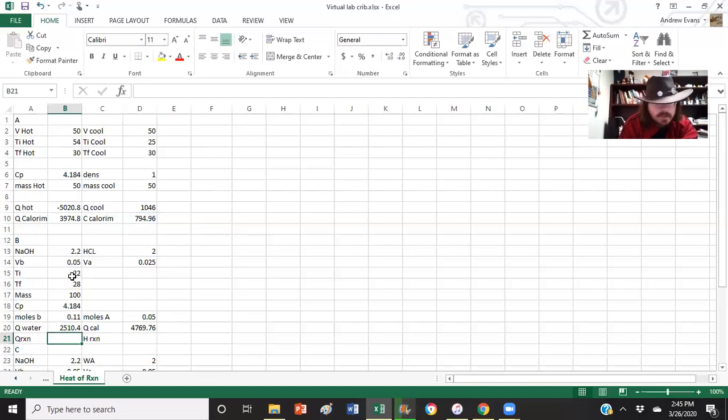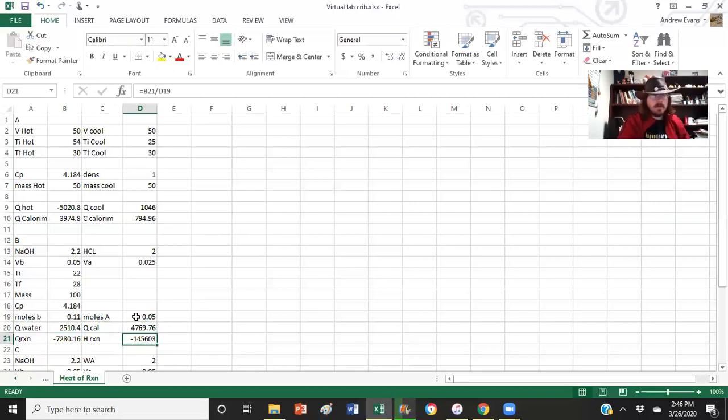Now for the heat of reaction, we're going to take the negative sum of these two numbers. So whatever heat these two absorbed was produced by this reaction. The sum of those two together would make our heat of reaction. Then finally, to calculate our delta H, we would take our heat of reaction and divide by our moles of the limiting reagent, the smallest number.